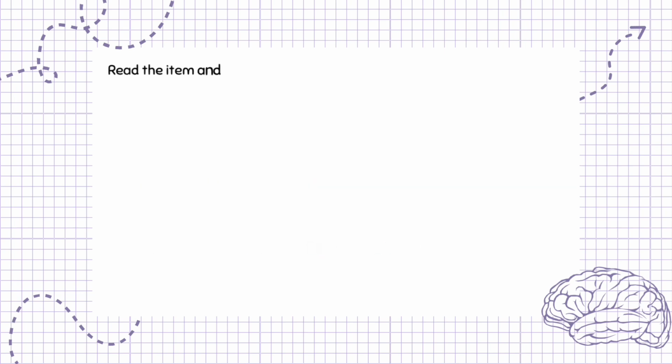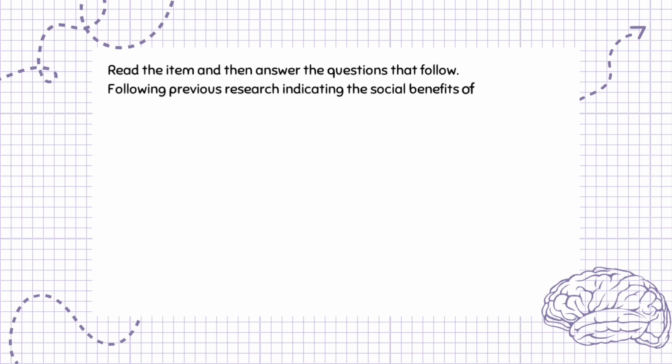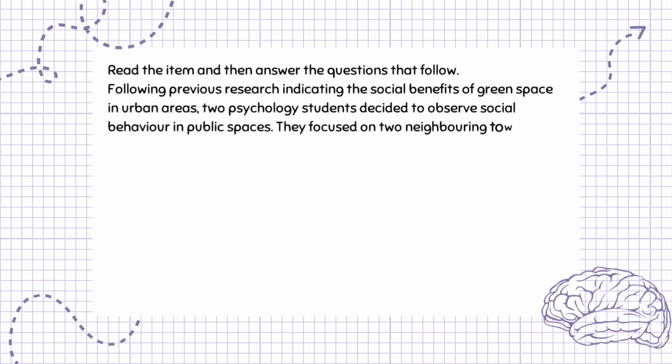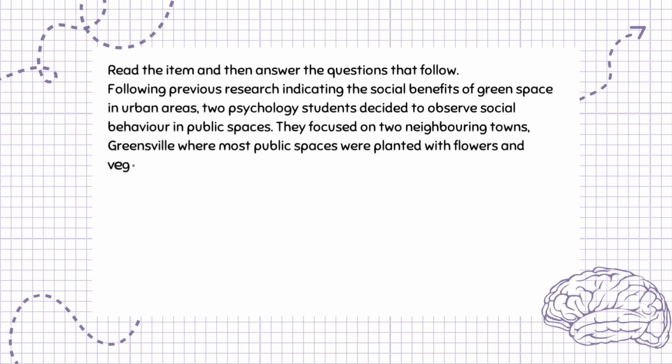Read the item and then answer the questions that follow. Following previous research indicating the social benefits of green space in urban areas, 2 psychology students decided to observe social behavior in public spaces. They focused on 2 neighboring towns, Greensville where most public spaces were planted with flowers and vegetables, and Brownton where most public spaces were paved with concrete.